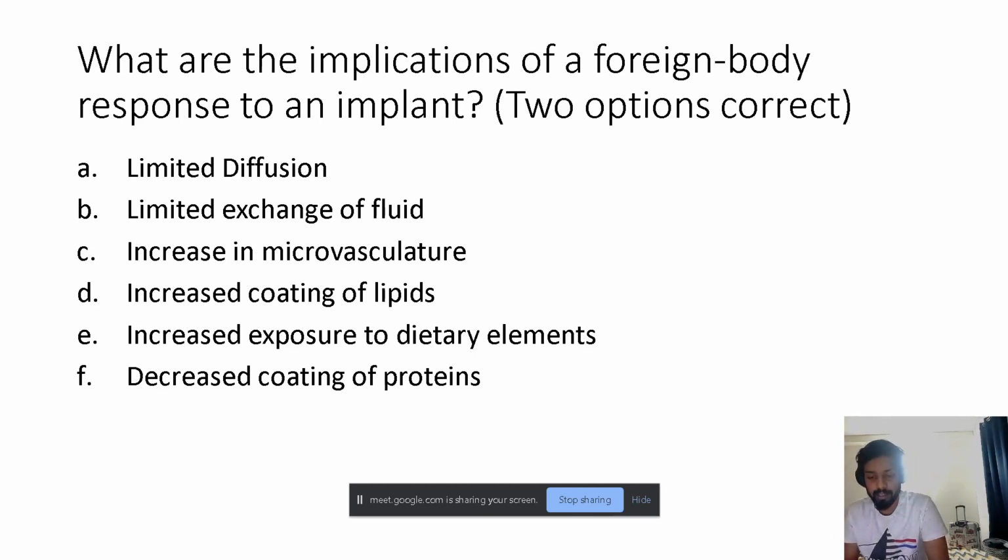Increased exposure to dietary elements again does not make sense unless the implant is in your stomach, but even then, if a foreign body response has happened, there's a coating formed around it, so it's not going to get increased exposure to anything. Decreased coating of proteins again does not make sense. This fibrotic layer is often adsorbed by proteins, so in fact the opposite is true in most cases.